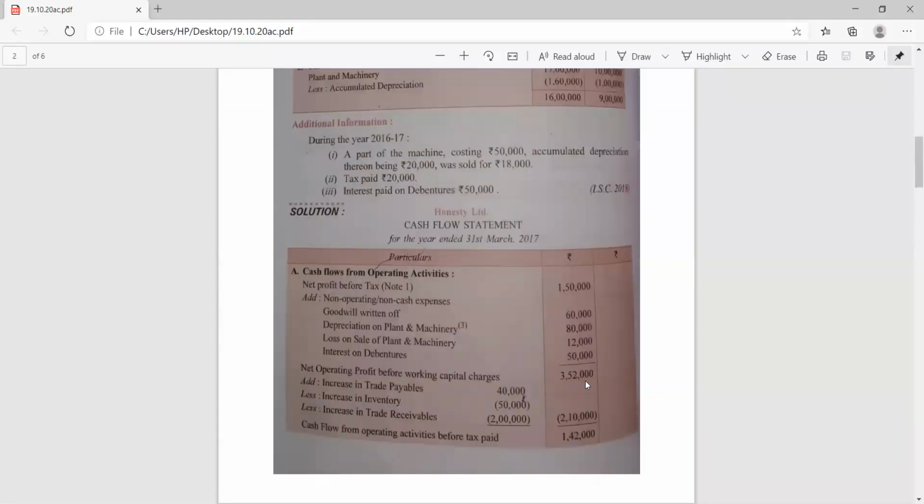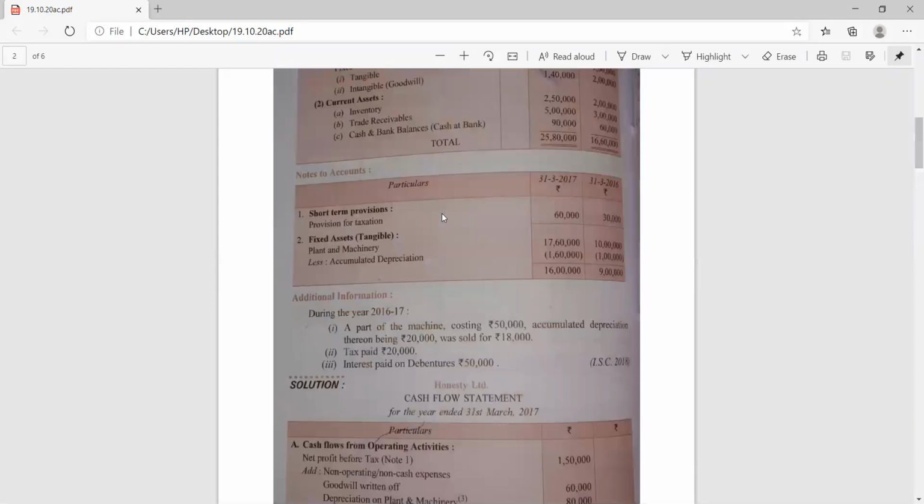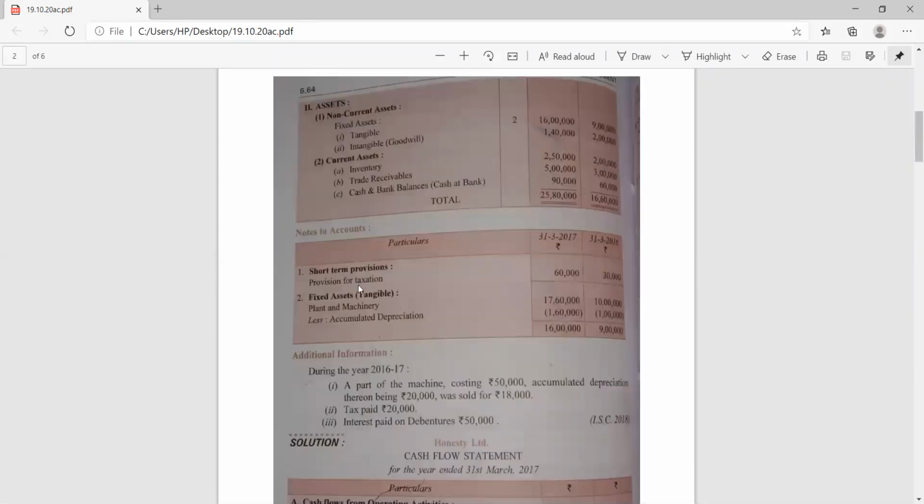See, here the adjustment related to tax paid is given to us, and here provision for taxation is given to us. What is the information given related to taxes here?